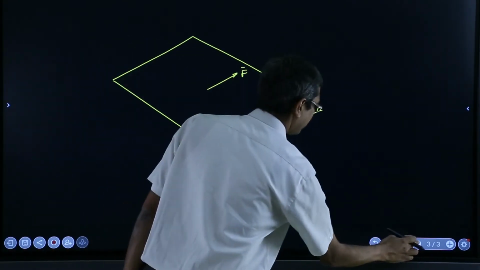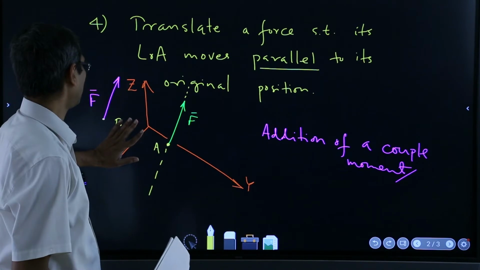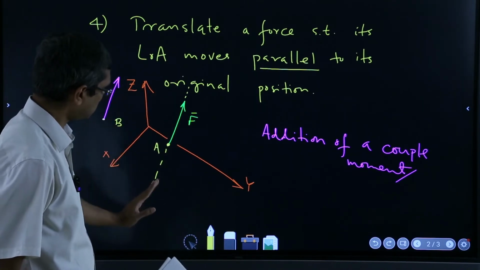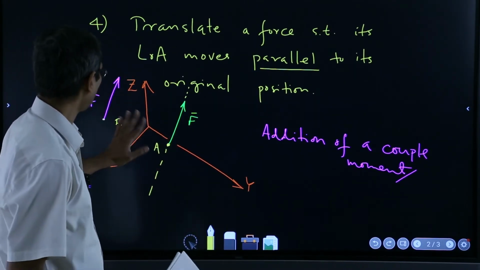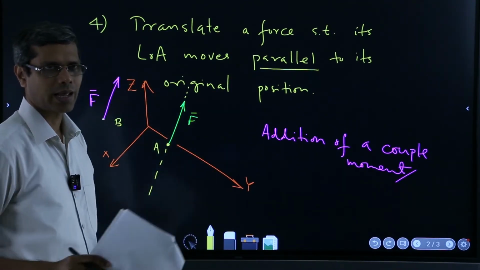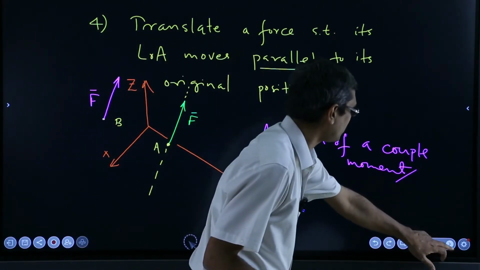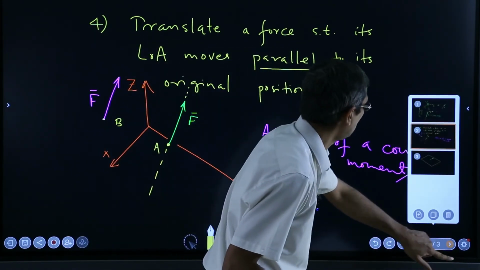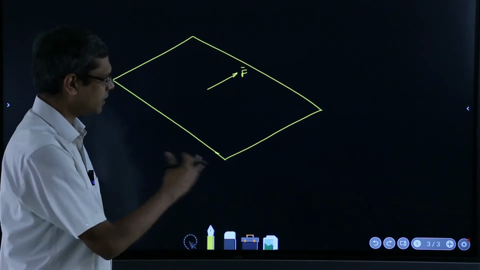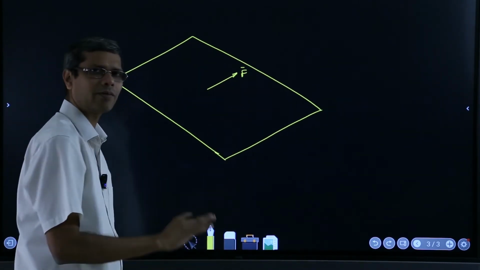In the previous case, I didn't draw any plane as such, but you could have thought of this movement by keeping this line of action parallel. You can think of a plane which contains both these vectors, through these two parallel lines, which are the original line of action and the new one. You can always think of a plane, and in this diagram I am drawing the plane first. That's the only change. Otherwise, there also you could have imagined this plane, because now we will talk with reference to this plane, so I have drawn it first.